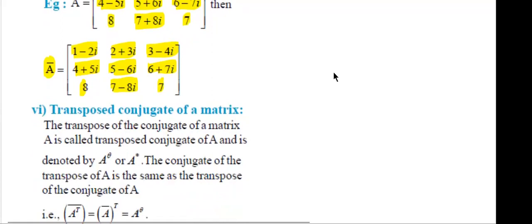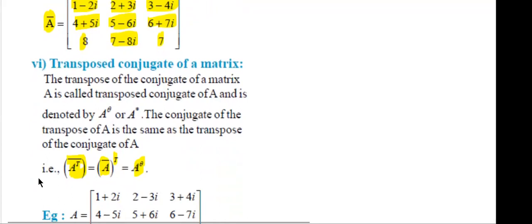Next, transposed conjugate of a matrix. A conjugate whole transpose, or A transpose whole conjugate, is called the transposed conjugate of a matrix. Here a symbol is written. I don't know the name of the symbol, you can just remember it.